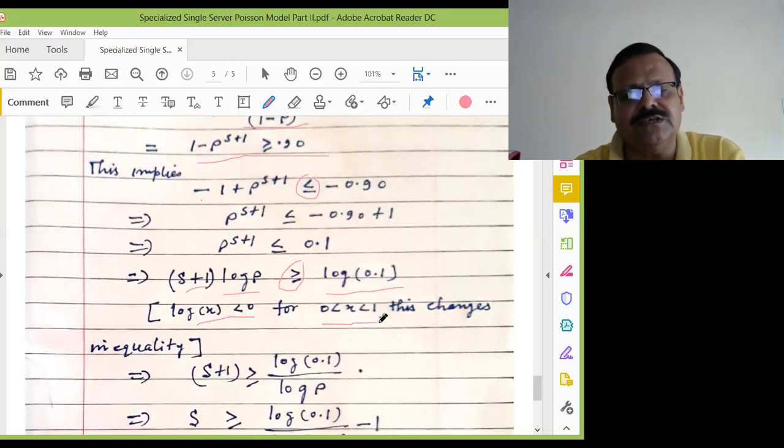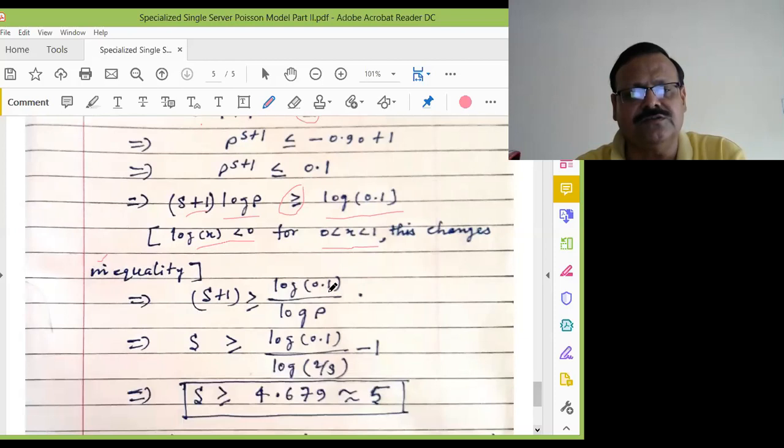We are taking the log of 0.1, so this changes the inequality. This is the reason. So s plus 1 log rho is greater than log 0.1.